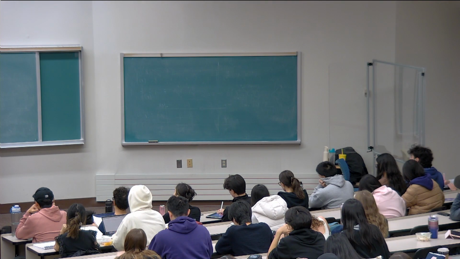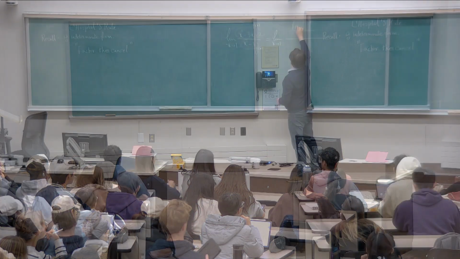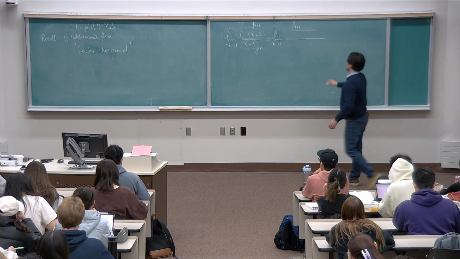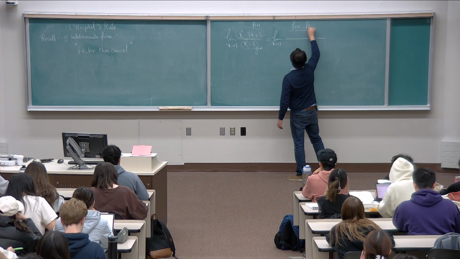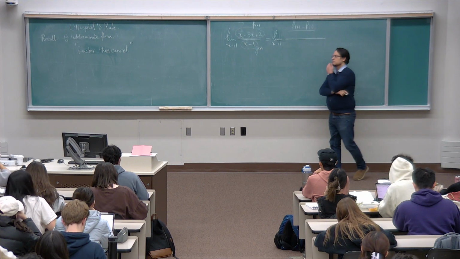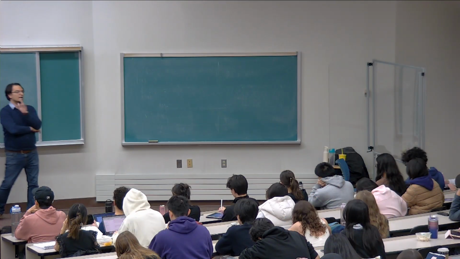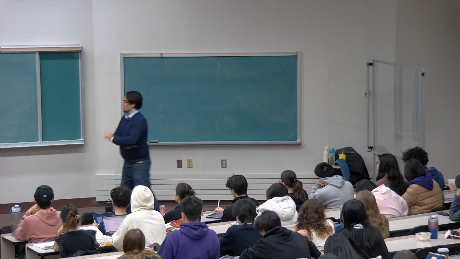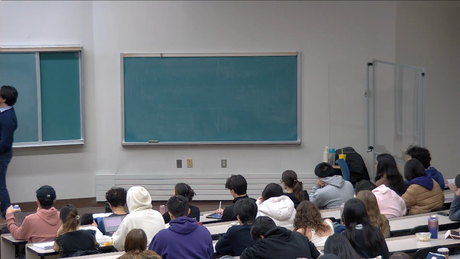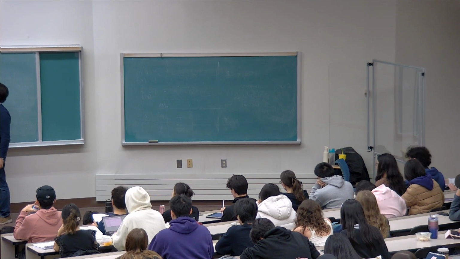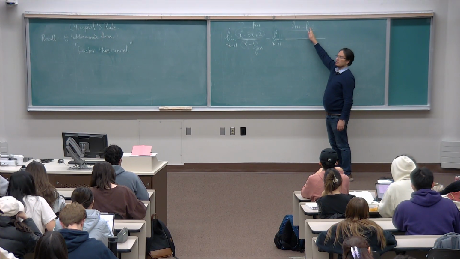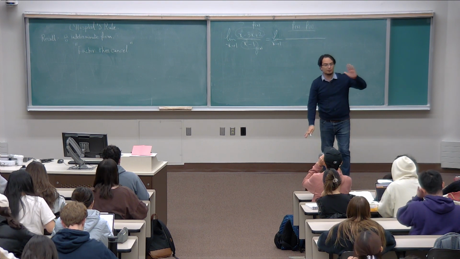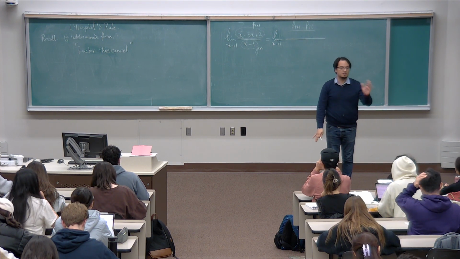So in the numerator I had f of x. Now I can say minus f at 1. Why am I doing that? Just be patient, and you will see why. But the key point is that by subtracting f at 1 from the numerator, I'm not changing anything, because f at 1 is 0.